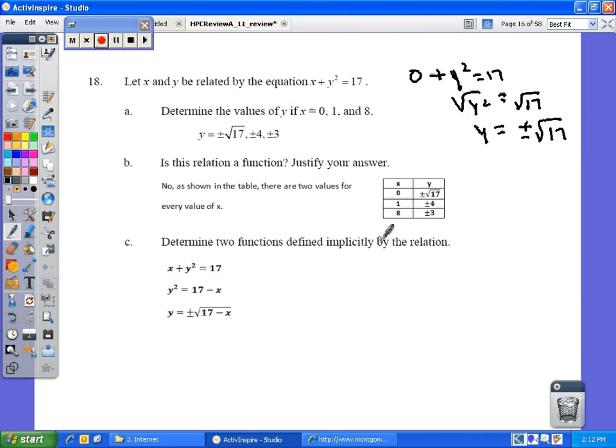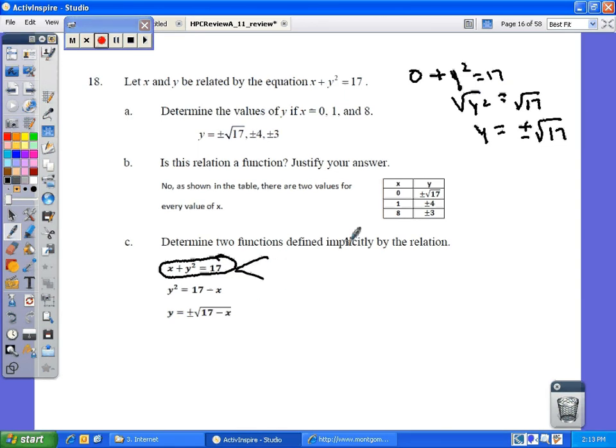Now, for every relation you have, you can express it as 2 functions. So, for this problem, all I did was I solved for y. So I'm saying that this relation can be represented by 2 different functions.